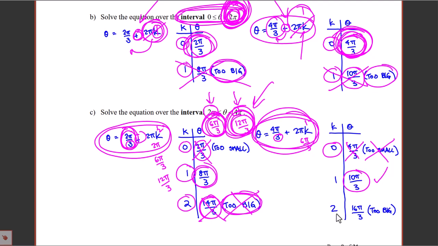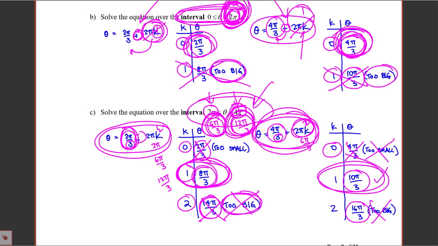But if I plug in k is 2, well, 2 times 2 pi is 4 pi, and 4 pi plus anything is too big. It becomes 16 pi over 3 if you care, but we can tell it's going to be too big. So these are our two answers in this interval.